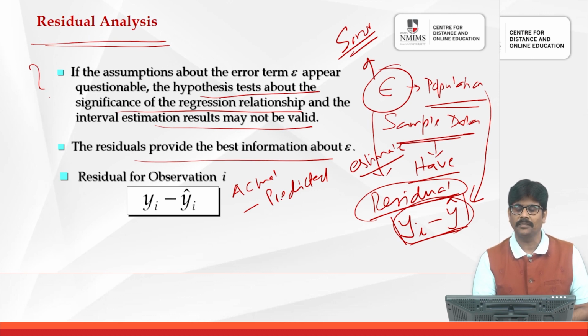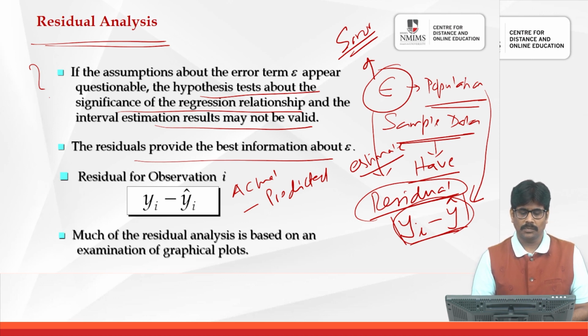If the actual value and predicted value are almost close, then your residual is 0, which is the ideal case that we want. In that case, all the sample data will lie on the regression line itself. So, much of the residual analysis: whatever assumptions we have taken, how do we check? There is not necessarily a separate formula to check that, but most of them are understood based upon visual representation.